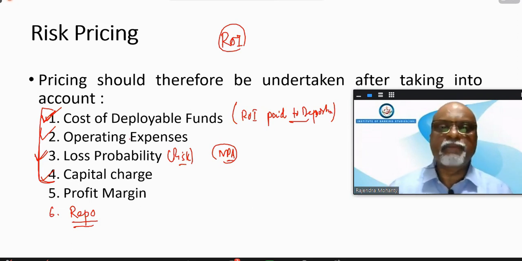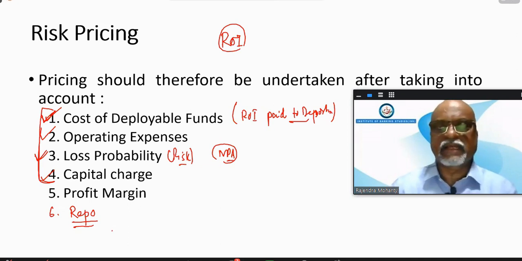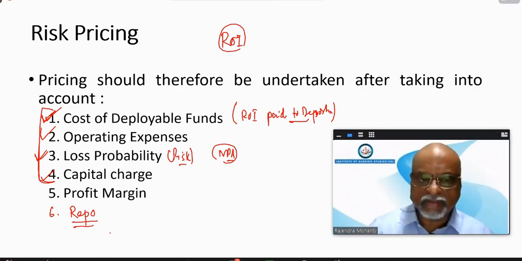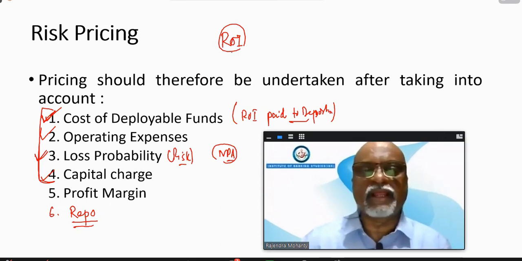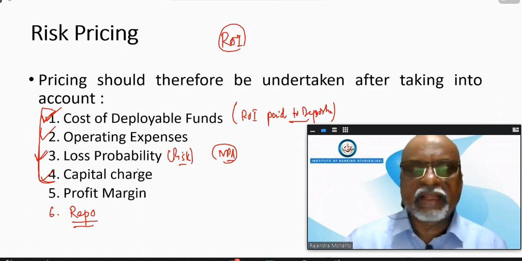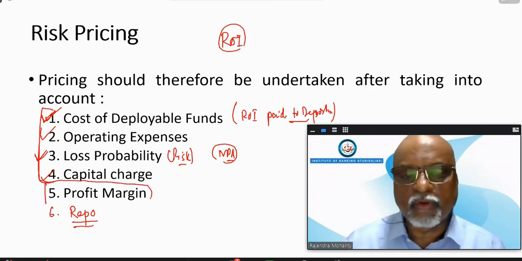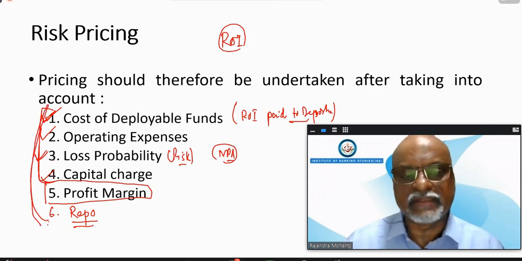The sixth is the repo. RBI has told that whenever the repo changes, earlier repo was not related to our pricing, but now, whether the repo increases or decreases, the factor of that increase or decrease has to be included in the calculation of your rate of interest.